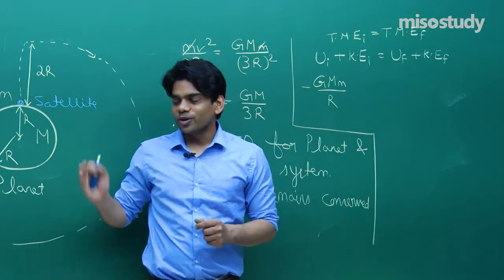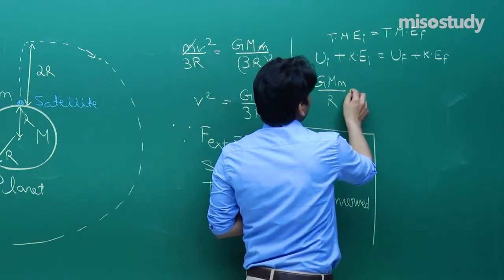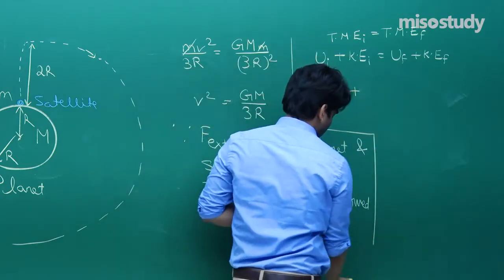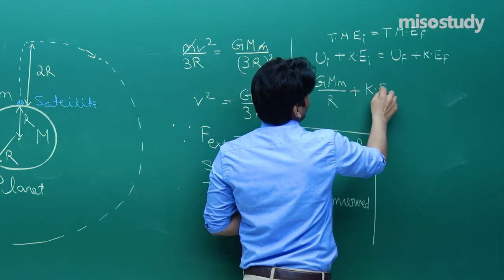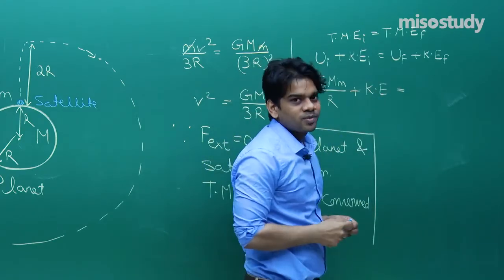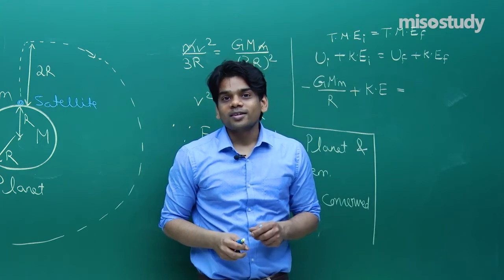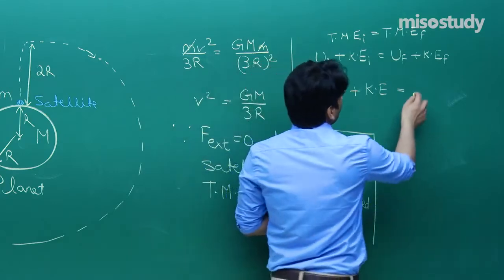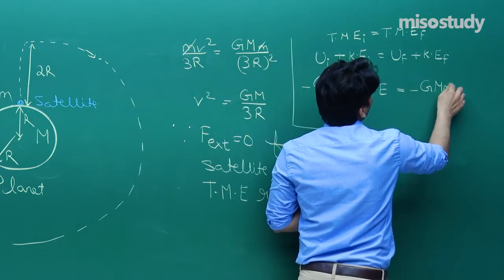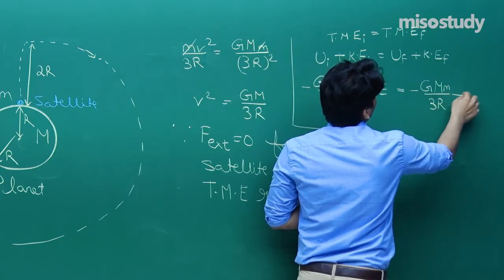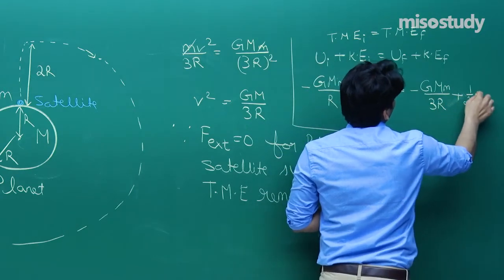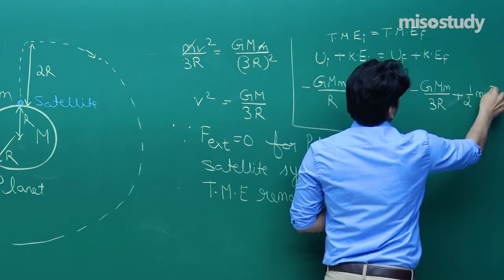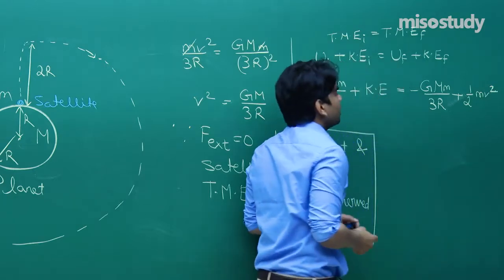The kinetic energy we need to evaluate, so we write plus KE is equal to U final. When it is at an altitude of 2r from the surface, the total distance from the center of the planet will be 3r, so minus GMm by 3r plus final kinetic energy, let me write this as half mv square. This is what we shall use.